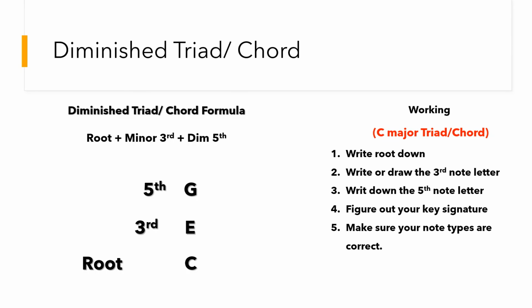And then you make sure that your note types are the same. So your key signature is C major, so you write out your C major scale, which is C, D, E, F, G, A, B, C, and I highlighted the three notes just like in the other slides for you all to view, which are C, E, and G.